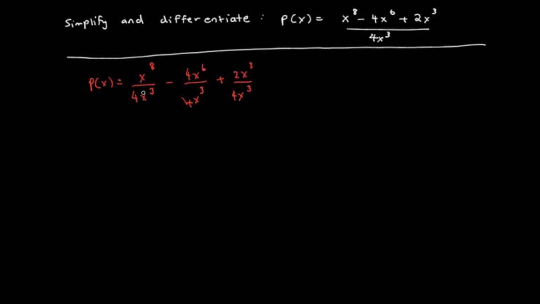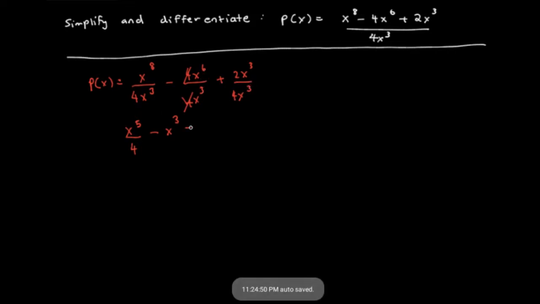Okay, and in this case you're going to get 1 over 4, right? Well, you can write this as x to the power 5 over 4 minus 4 divided by 4 cancels out. x to the power 6 divided by x to the power 3 is x to the power 3, right? So you're just using exponent rules here, right? Same base, when you're dividing you subtract the powers.